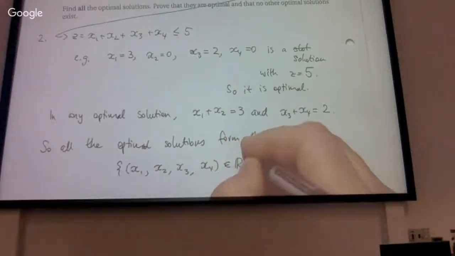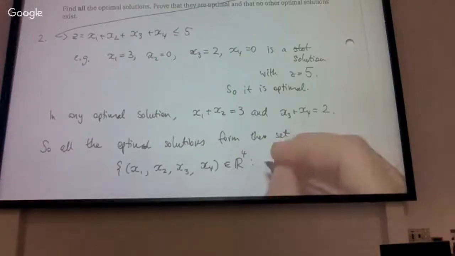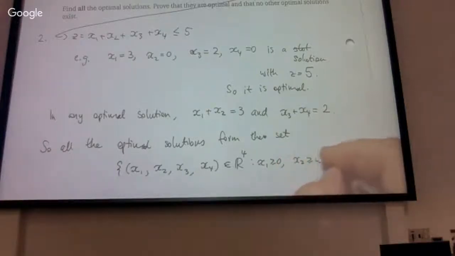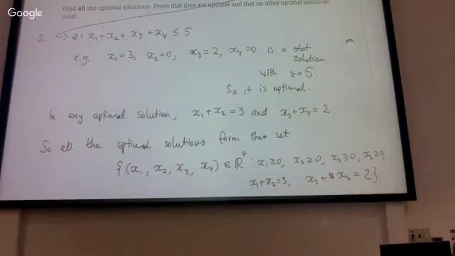They all have to be non-negative, and x1 plus x2 is 3, and x3 plus x4 is 2. Every time you find numbers that satisfy this, you can pick your value of x1 between 0 and 3, x2 follows from the first equation. You pick your value of x3 between 0 and 2, x4 is determined from the second equation, and any such 4-tuple will be an optimal solution.